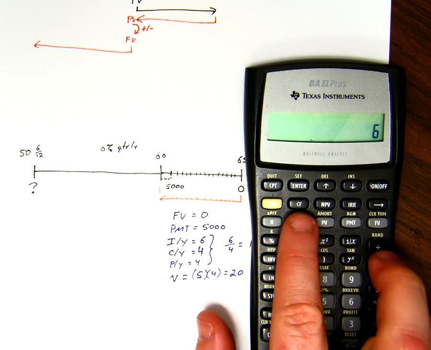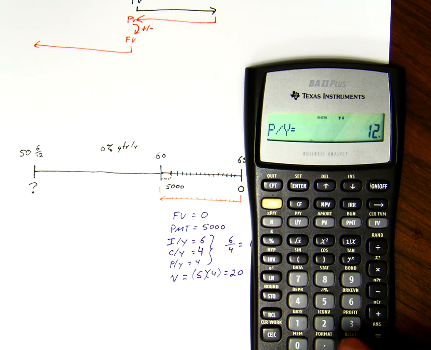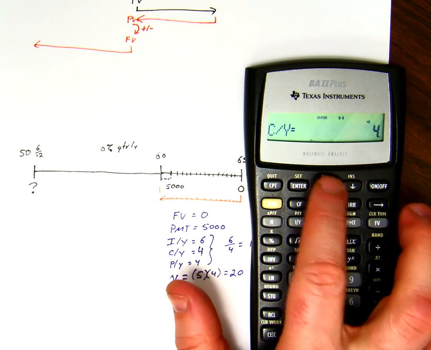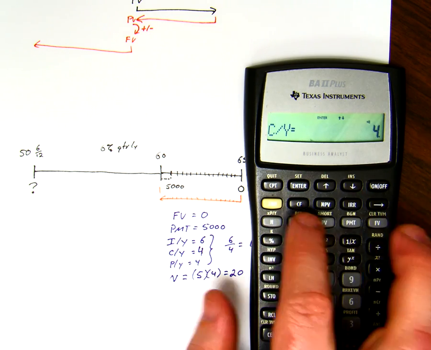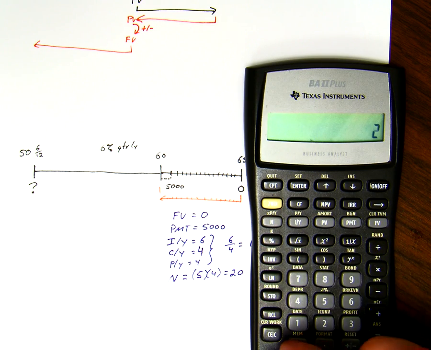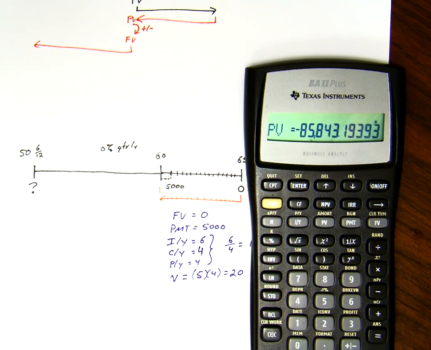We have 6% interest per year. That's going to be compounded 4 times a year and 4 payments a year. And we're going to do this for 20 payments. And we're going to compute our present value.